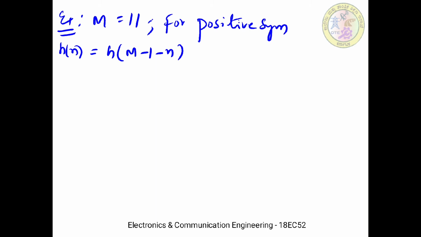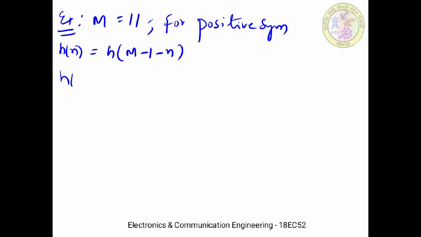Then for positive symmetry, how do we define it? h of n is equal to h of m minus 1 minus n.